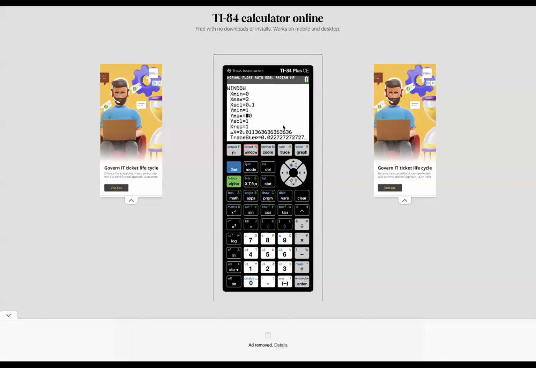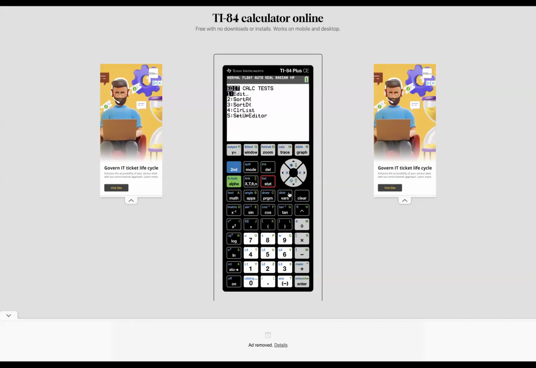Guys, do you understand what we are doing? Okay, 0.5. Now let me go ahead and start. Why is it not showing me the graph? Hold on. Stat plot, list.